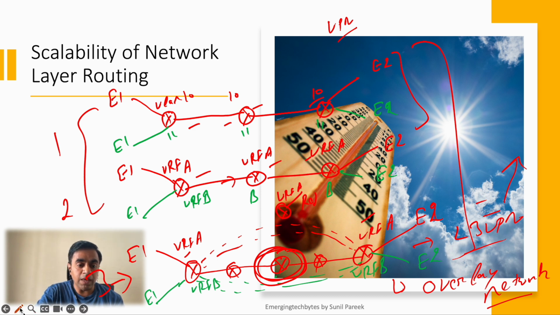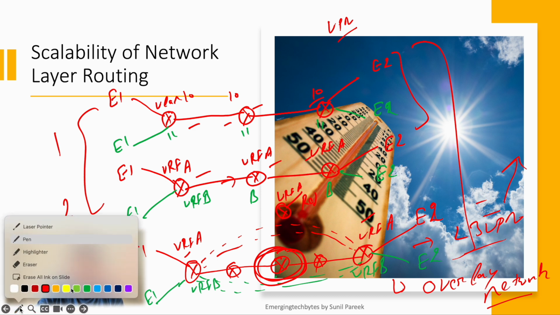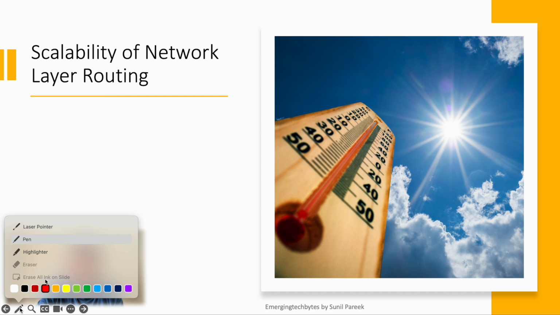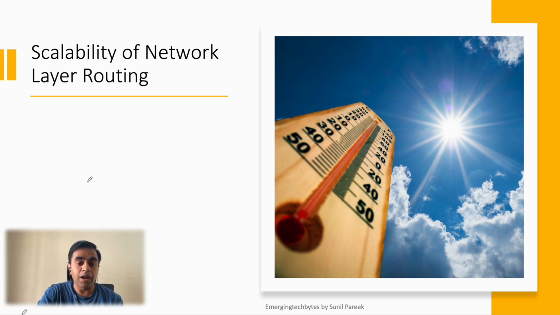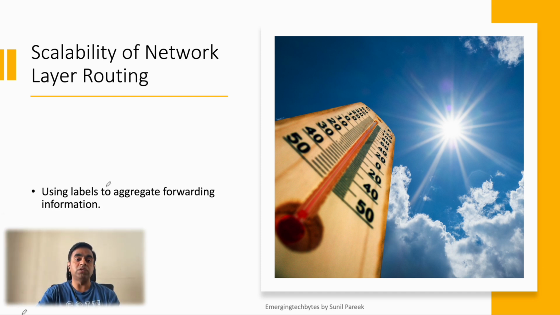So this way, MPLS or MPLS based applications helped to achieve the scale, where we use the label to aggregate forwarding, right? How does this basically work? So let's take that L3VPN example only.